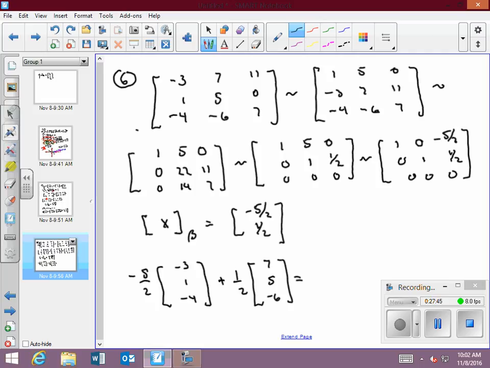Okay, so this is 15 halves plus 7 halves, and it's minus 5 halves plus 5 halves, and then plus 20 halves minus 6 halves.